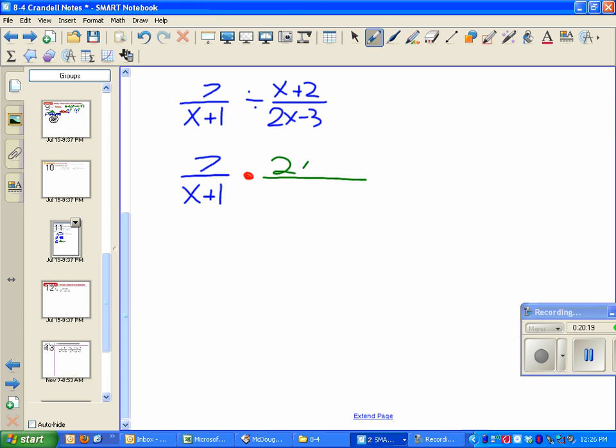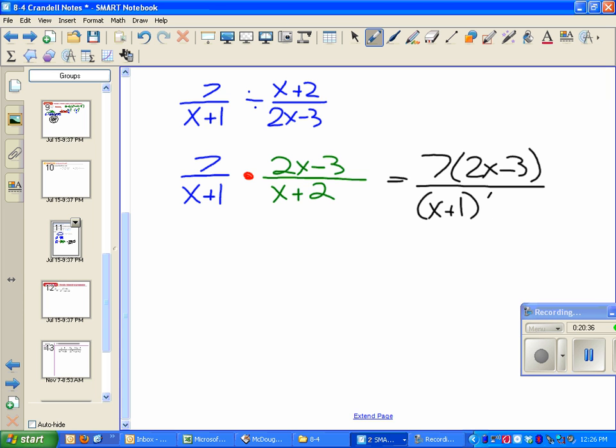So I have 2x minus 3 over x plus 2. And then I just squish it together because I actually don't have anything that cancels out. So this is going to become 7 times 2x minus 3, all divided by x plus 1 times x plus 2. That's a fine answer right there. So just squish it together just like we did for multiplication.